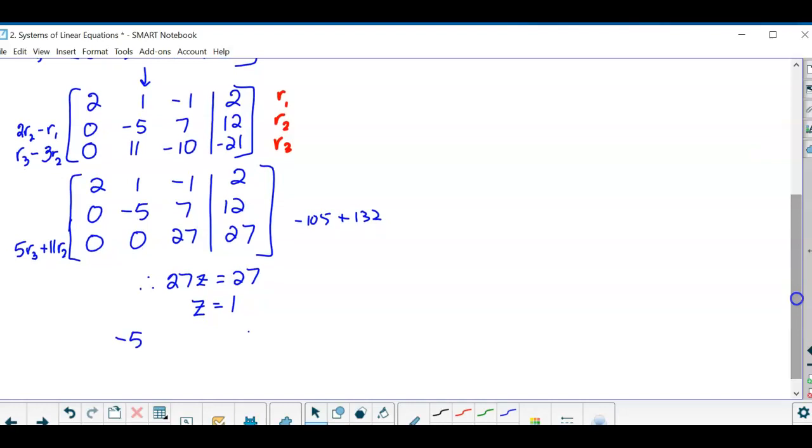And negative 5Y plus 7 times 1 equals 12.